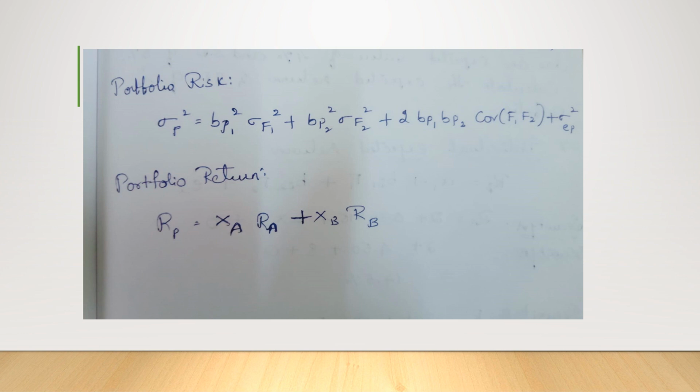And for portfolio return, Rp is equal to XA into RA, that is the portion invested in security A and its return, plus the portion invested in security B and the return of that particular security.